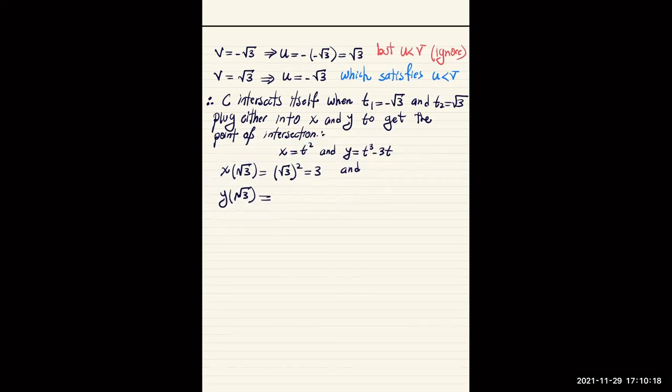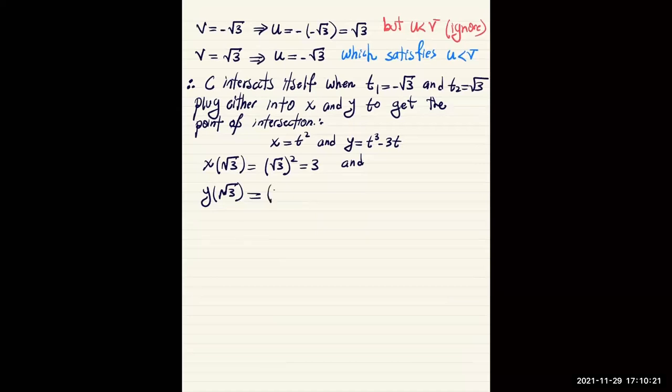So y at root 3 is root 3 cubed minus 3 root 3. Okay, please don't panic by the calculations. When you cube root 3, you get root 3 times root 3 times root 3. Root 3 times root 3 is just 3 with an extra factor of root 3, minus 3 root 3, which gives you 0. Okay, so we just found our point of intersection. It is (3, 0).